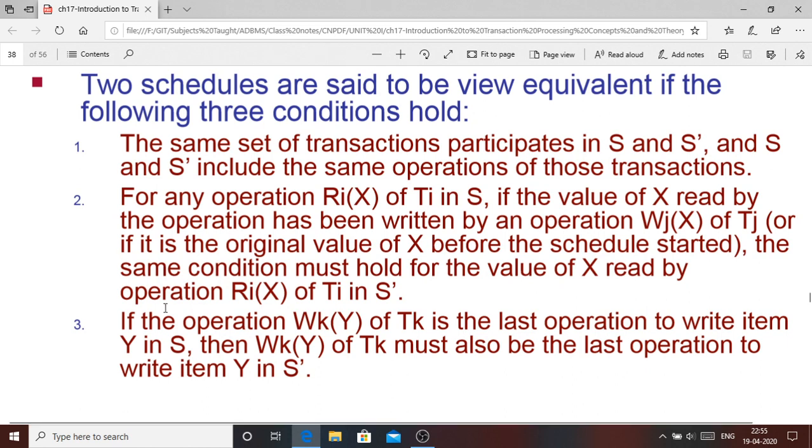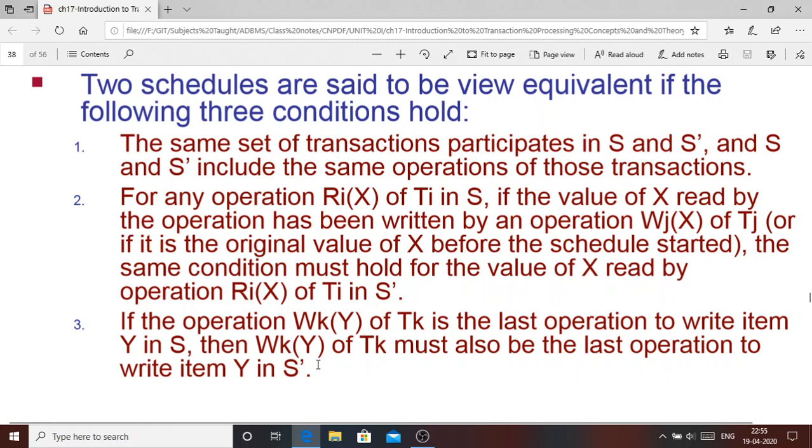Similarly, the last condition is that if the operation Wk(Y), here k is the transaction ID, that is transaction Tk, if transaction Tk has written the database item Y in that particular schedule, and it is the last operation to write the data item Y in S, then the same condition must also hold in the other schedule, that is, it must be the last operation to write Y there too.